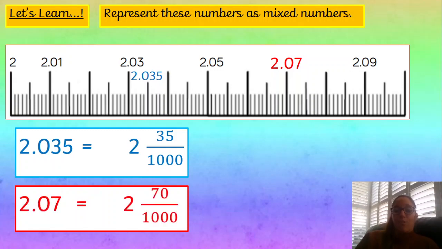Remember that 0.07 is actually the same as 0.070, so it's 70 thousandths. If it was 2 and 7 thousandths, it would be 2.007. So it's where that place value knowledge really comes into play.